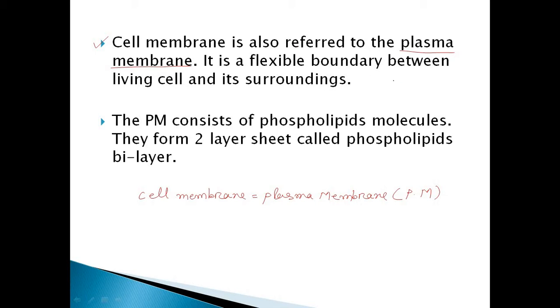It is a flexible boundary between living cells and their surroundings. The plasma membrane always separates the cell from its surroundings, and it is very flexible. It is a selective membrane, because the ions or materials like glucose and amino acids passing through it are selected by the plasma membrane. That's why it is a selective or semi-permeable membrane.